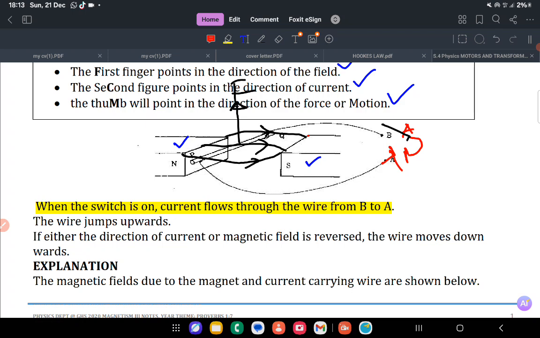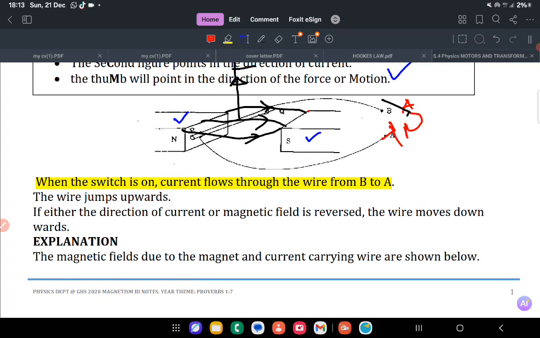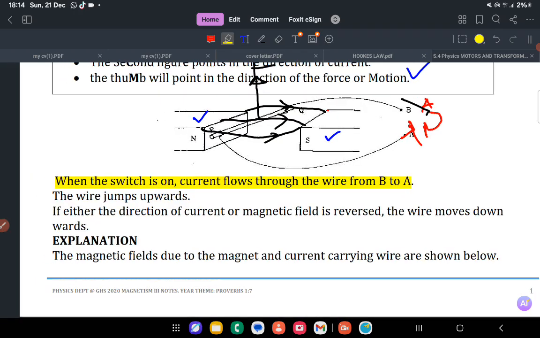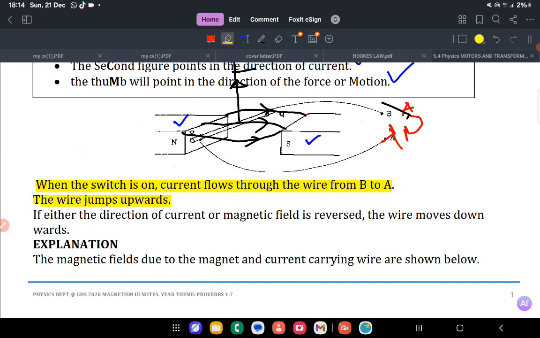The direction of the movement of the wire can change depending on the direction of the magnets or magnetic field, or the direction of the polarity of the cells or battery. So the wire jumps up in the first place, and if the direction of the current or the magnetic field is reversed, the wire reverses downwards.